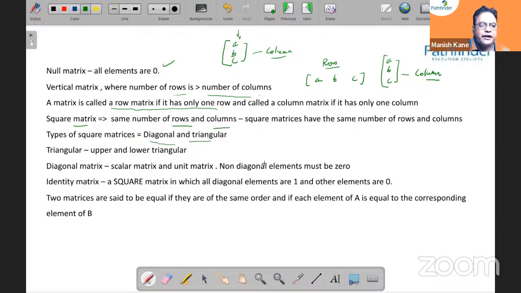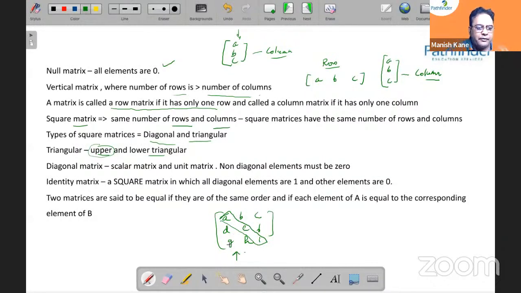A square matrix has the same number of rows and columns, and there are 2 important types of square matrices: diagonal and triangular. A triangular matrix can be upper triangular or lower triangular. You would appreciate this is a 3 by 3 square matrix, D, E, F, G, H, I. These elements are known as diagonal elements. In an upper triangular matrix, the elements below the major diagonal will all be 0.